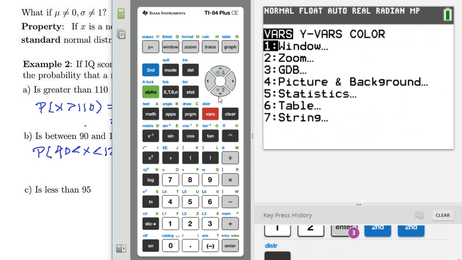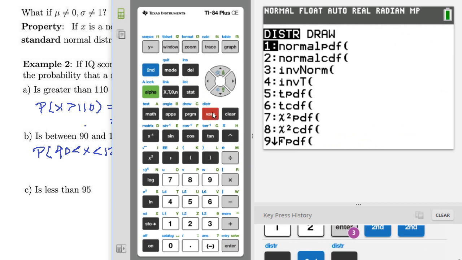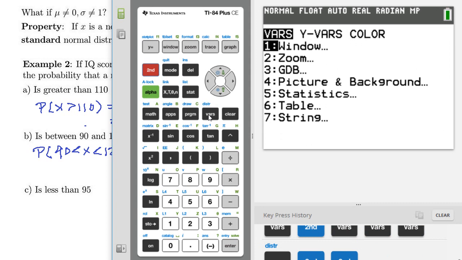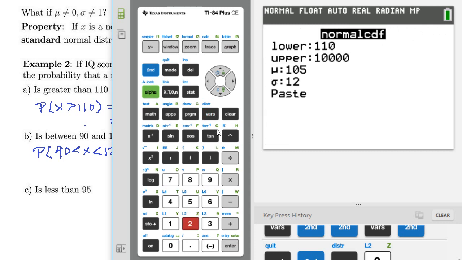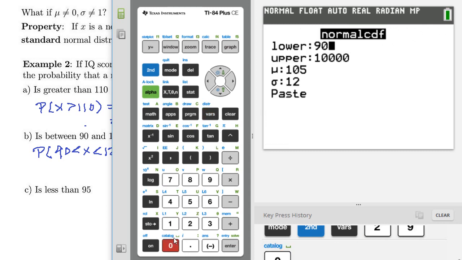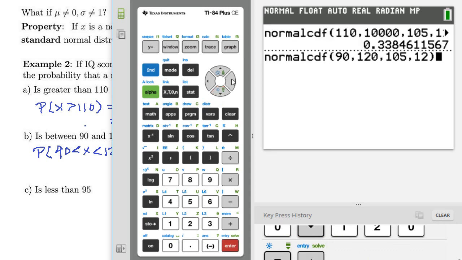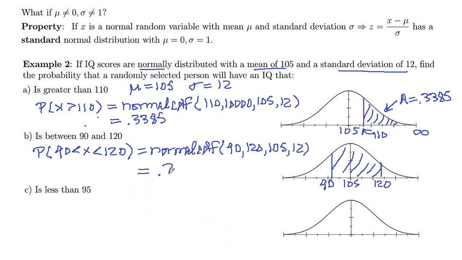So second variables, and we want normal CDF. So our lower 90, upper 120, and mean and standard deviation still the same. Paste it, enter, 0.7887. So 0.7887 is the probability, and the area also 0.7887.